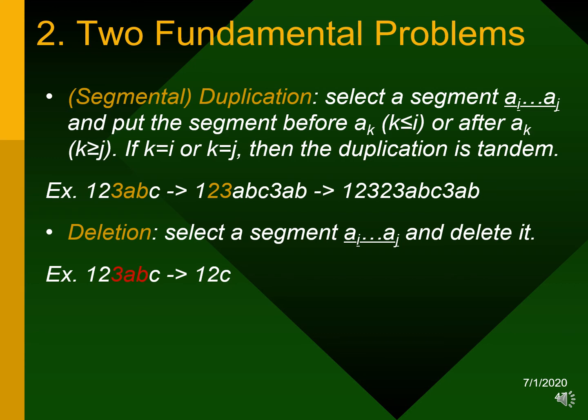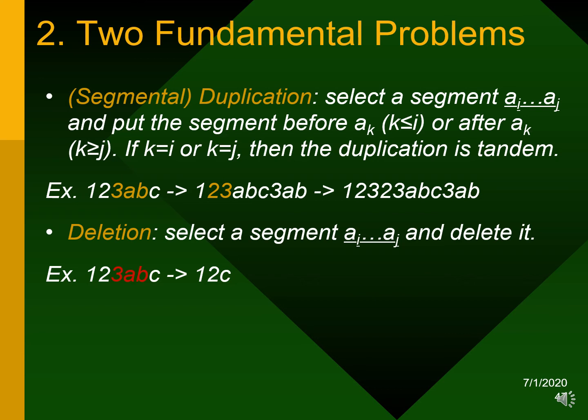If k is equal to i or j, then the duplication is exactly tandem, right? So here is an example. You have 1, 2, 3, A, B, C. I will duplicate the segment 3AB, and I put it at the end of C.